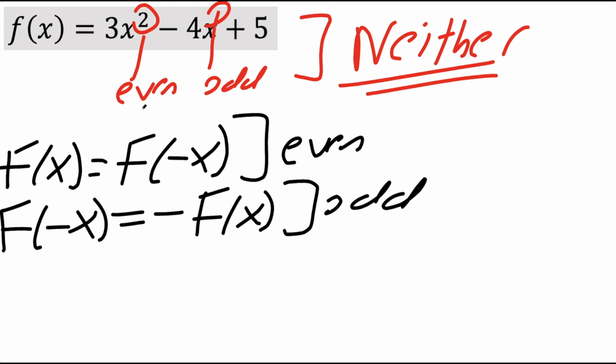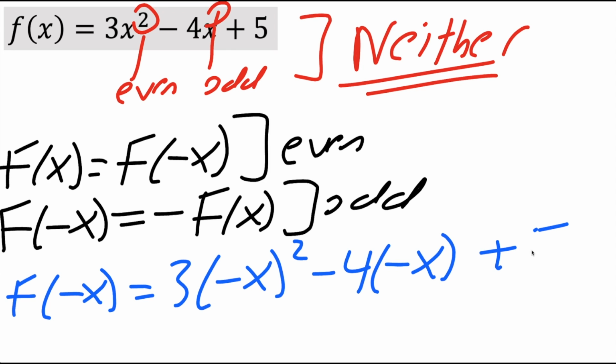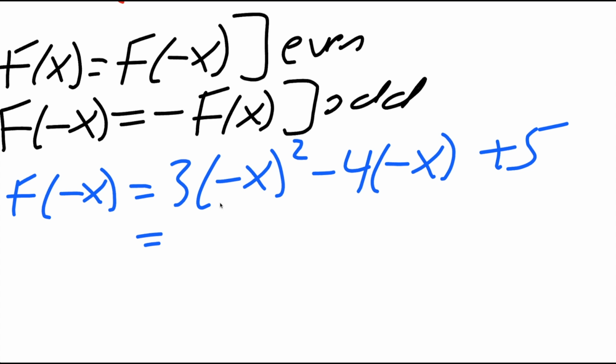So I have f of x, so I can get this one pretty easily. f of negative x, let's try it: 3 times negative x squared, minus 4 times negative x, plus 5. Negative x times negative x is positive x squared, so 3x squared.